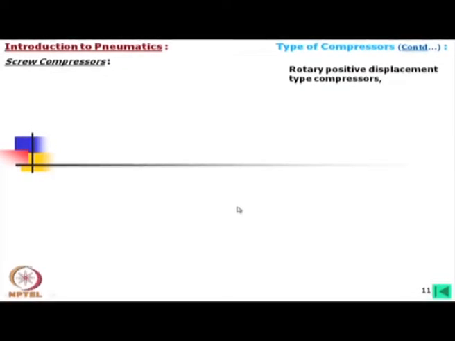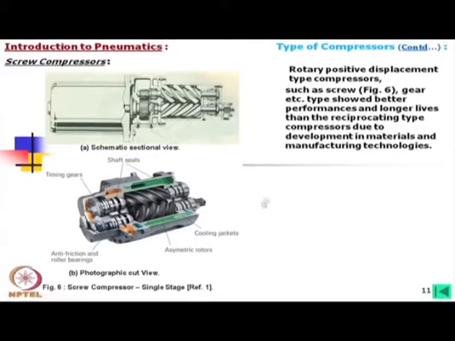Now, we shall consider another type of compressor which is called the screw compressor. This is a rotary positive displacement machine. Like a hydraulic screw pump, here also two screws are rotating, but these two screws are rotating at different speeds, not at the same speed.